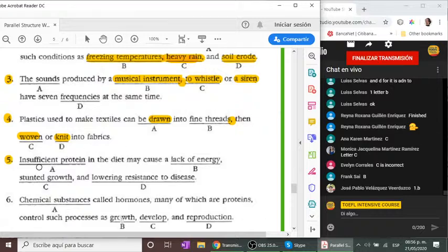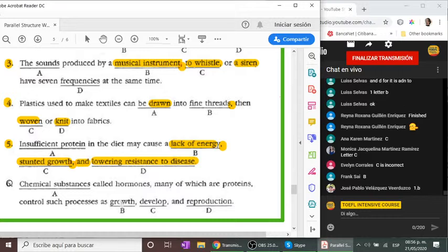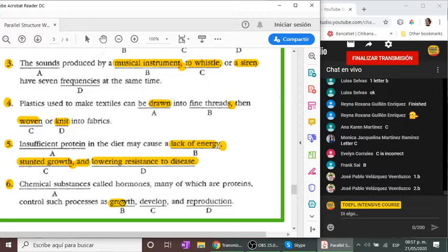Insufficient protein in the diet may cause a lack of energy, stunted growth, and lowering resistance to disease. Okay. Number 6, chemical substances called hormones, many of which are proteins, control such processes as growth, develop, and reproduction.